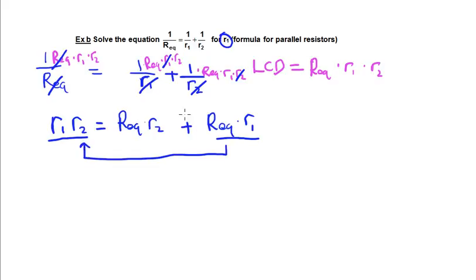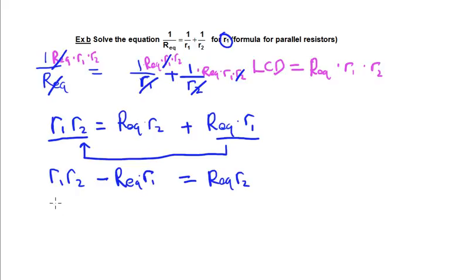and that would leave a term without R1 but put all of the R1 terms on the left. So I end up with R1 R2, and subtracting this off I get minus R equivalent R1, and then this is equal to the remaining term on the right, which is R equivalent times R2.